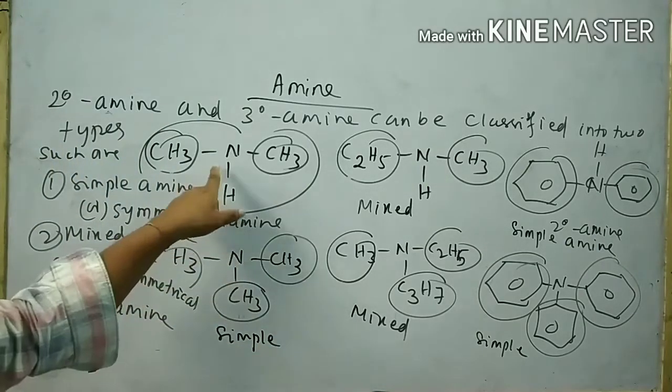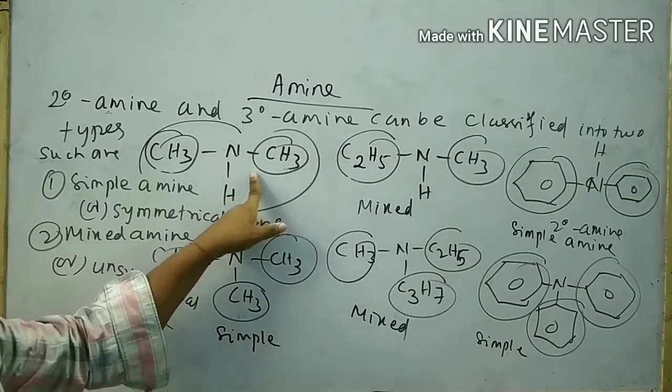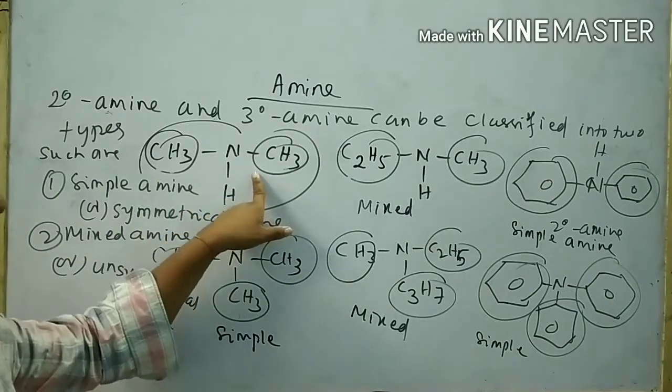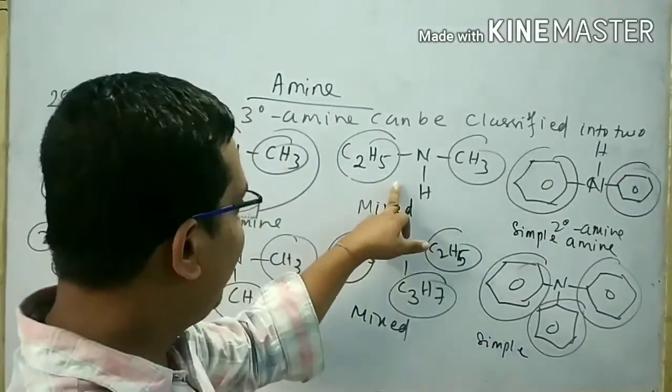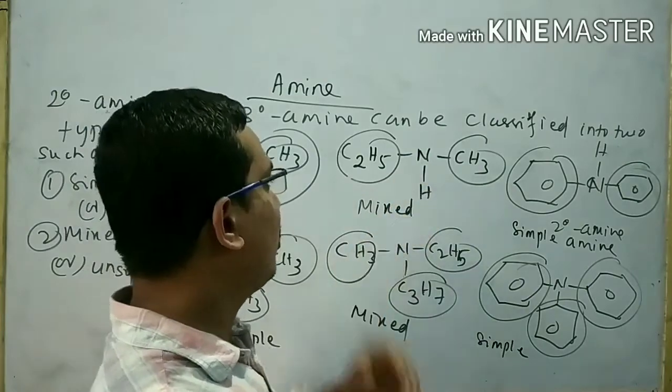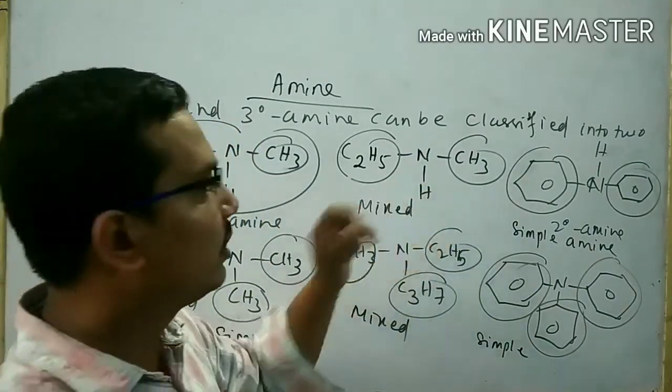Again I will repeat. This is said to be secondary amine and also simple amine. And also you can think about it as an aliphatic amine. This is said to be aliphatic amine, and it belongs to mixed amine and also secondary amine.